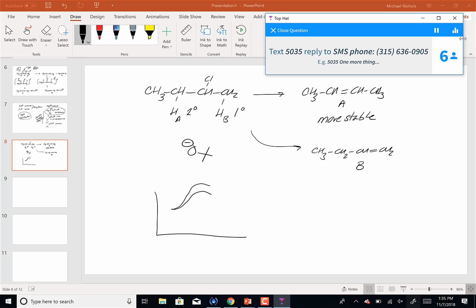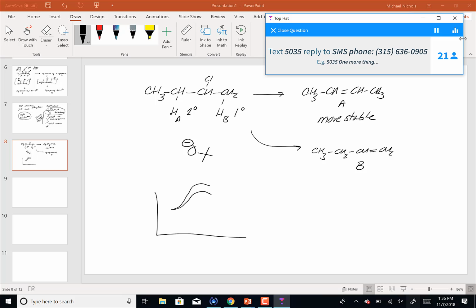So if I wrote the two transition states of the O minus coming in and grabbing HB, or the O minus grabbing HA, which one's going to have the lowest energy? Which transition state is going to be more stable? Okay? We're not to that point yet, so let's just look at it from the perspective of primary, secondary.